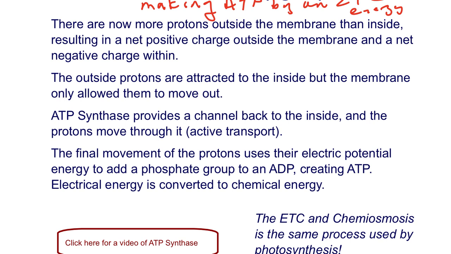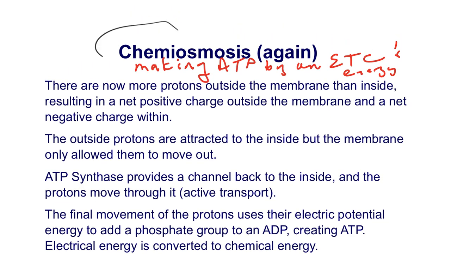So this process that I just described is called chemiosmosis. It really has nothing to do with osmosis, but this is how most ATP is formed.